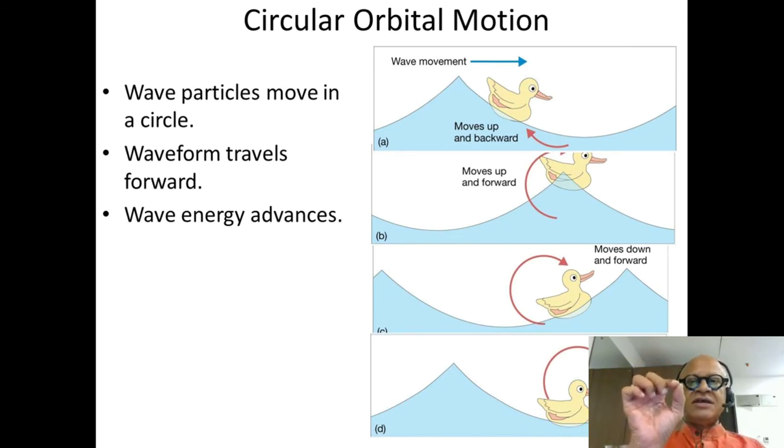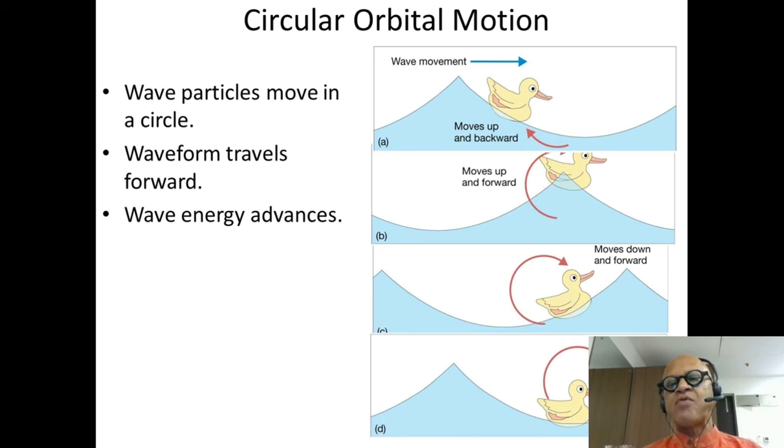As we said, the water doesn't really move, the wave form moves, so the water parcel will do a circle, and you can imagine this rubber ducky sitting here, and if the wave movement is this way, as the crest is coming behind, the ducky is going to move up and backward, and as it reaches the crest and the waveform moves forward, the duck is going to move up and forward, right?